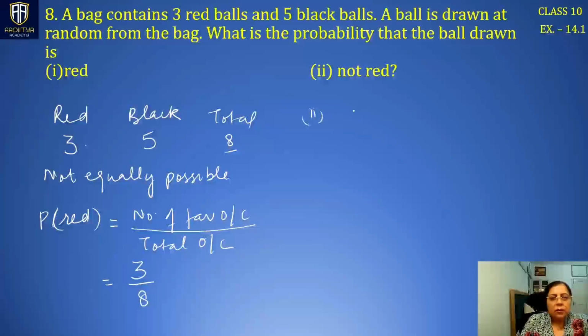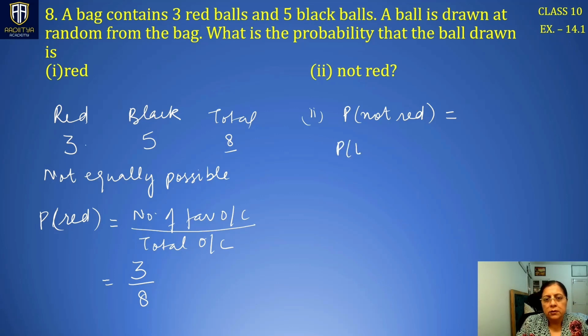Second part is not red. This is the case of a complementary event. Probability of not red. As I had told you in the previous introductory video, we have 2 different methods to get this value. I am preferring the second way to find this. So this is the formula.